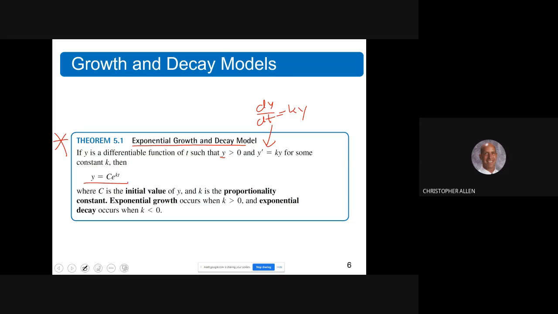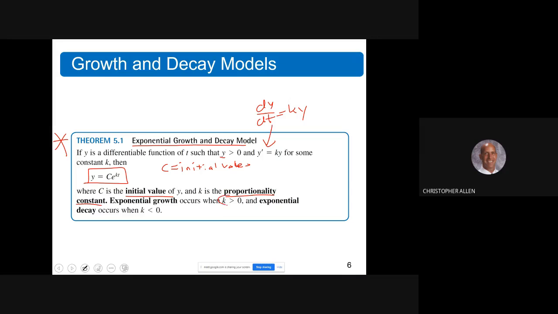Then this right here is the solution for it. C is the initial value. K is the constant of proportionality. I already mentioned that.